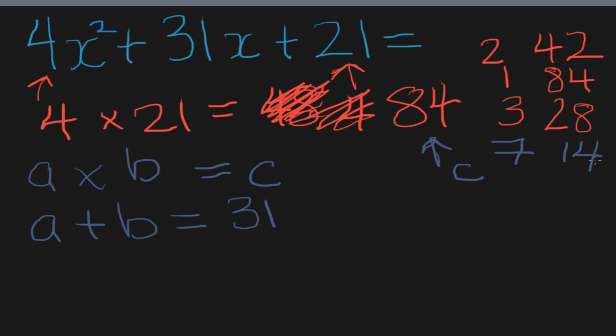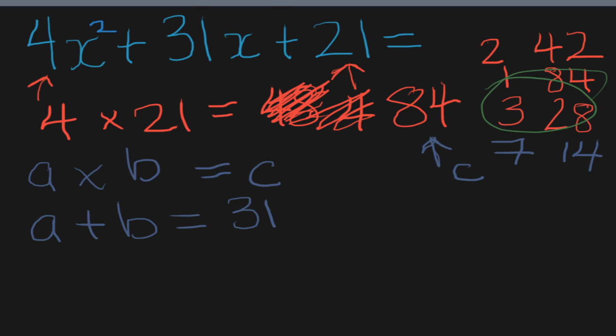What could we do? 84 divided by... Let me think. Alright, I'm not thinking straight. I realised the answer was right in front of me all this time. 3 and 28. We need 3 and 28.